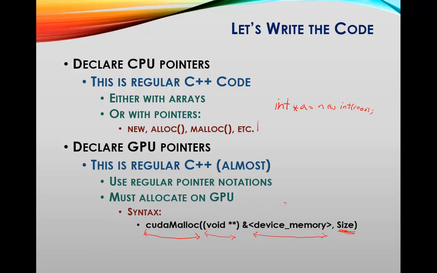And the device memory is very straightforward. We declare them, for example, just like regular pointers. We declare, for example, int pointer device underscore something, and this will be my device pointer. So the device pointer here is going to be a pointer to a regular memory variable in C.